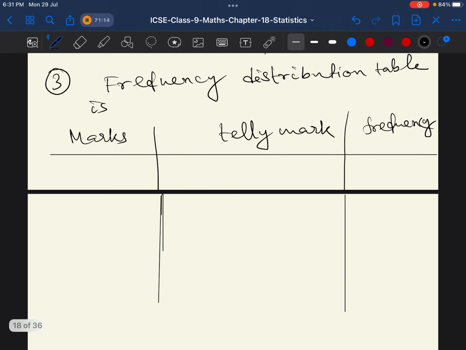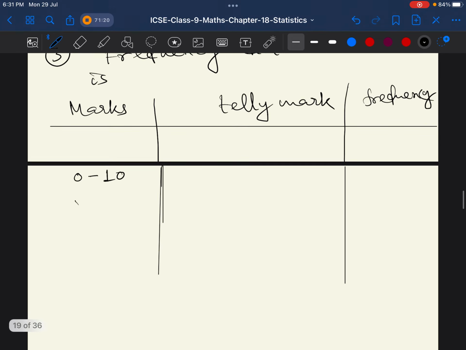You see the class intervals: 0 to 10, 10 to 20, 20 to 30, 30 to 40, 40 to 50.